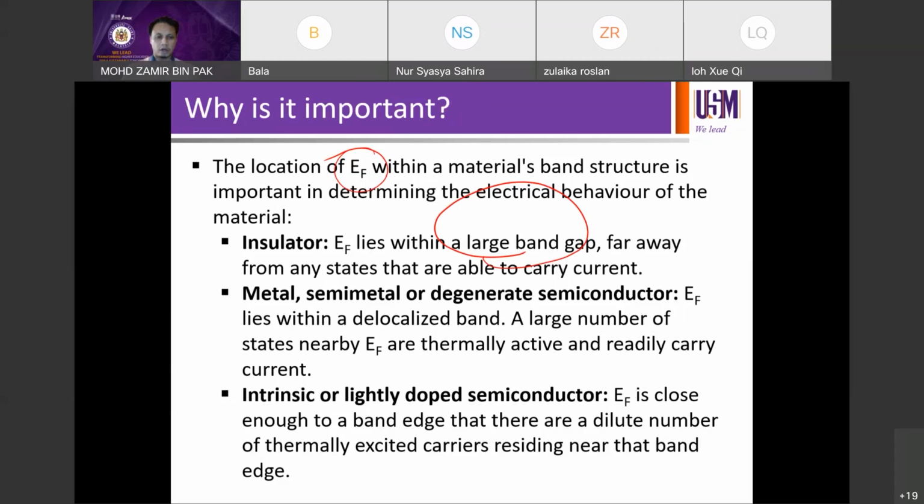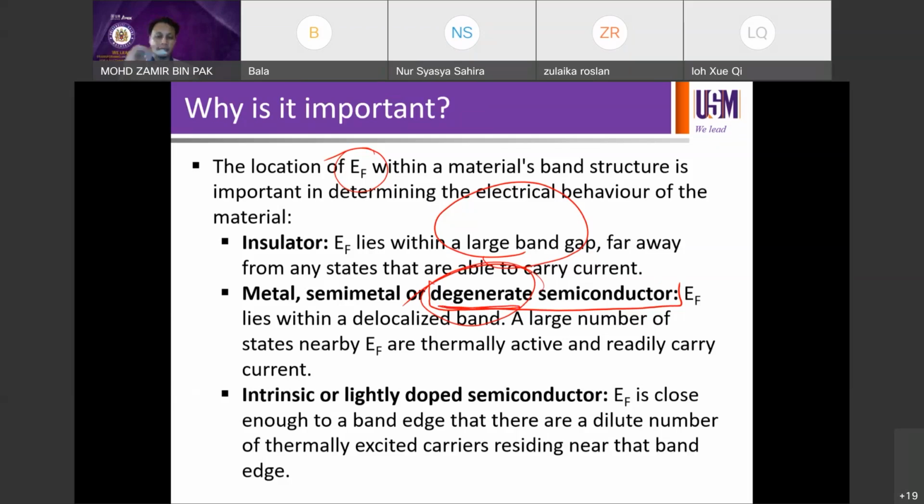On the other hand, if you talk about a metal, semi-metal, or degenerate semiconductor, we're going to learn about degenerate semiconductor in extrinsic semiconductor later on. Degenerate refers to heavily doped semiconductors, right? Heavily doped semiconductor, we call them degenerate. But to be called a degenerate semiconductor, it has to exceed a certain doping level.